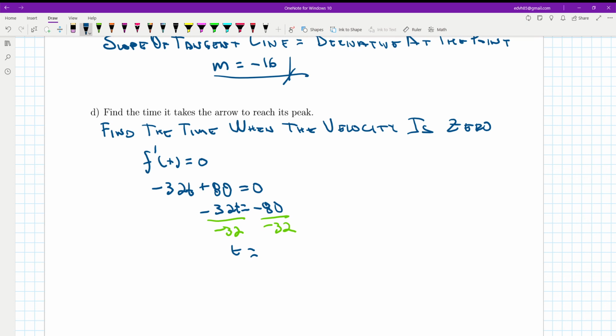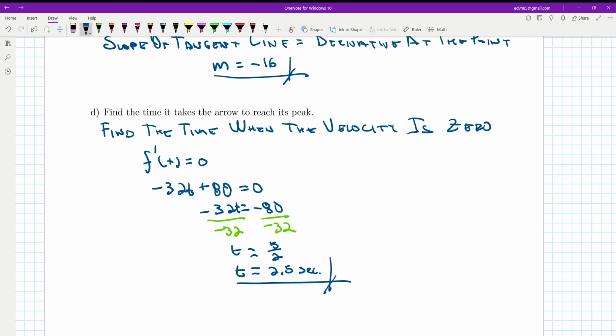That reduces to 5 halves, which in decimal is 2.5. 2.5 seconds.